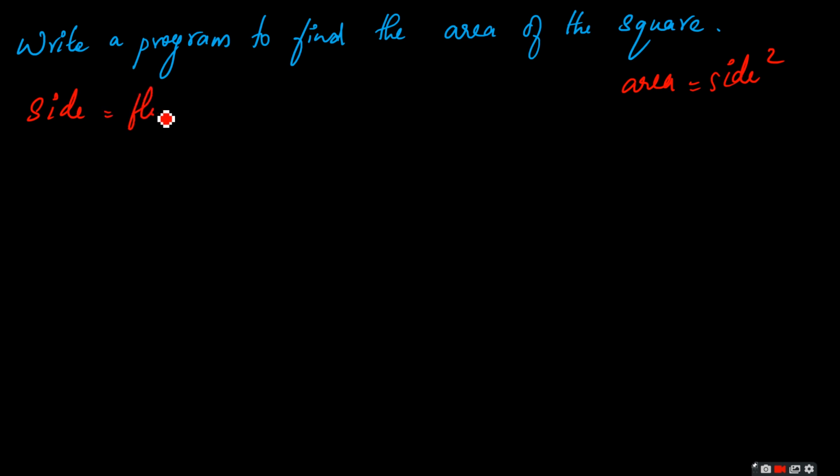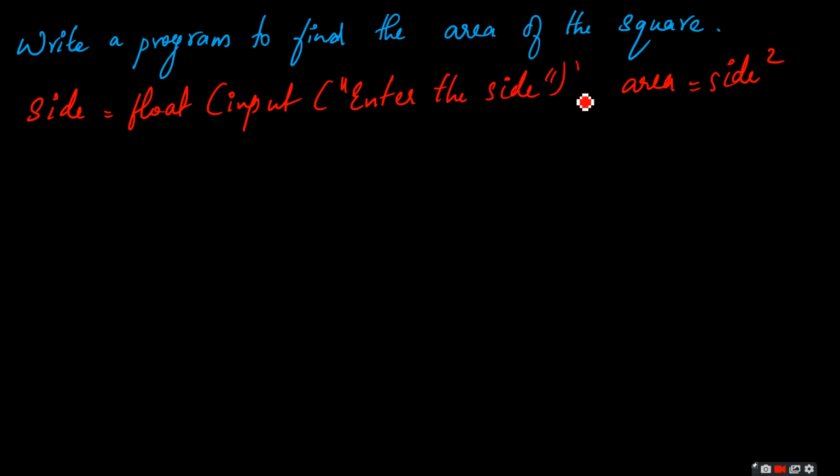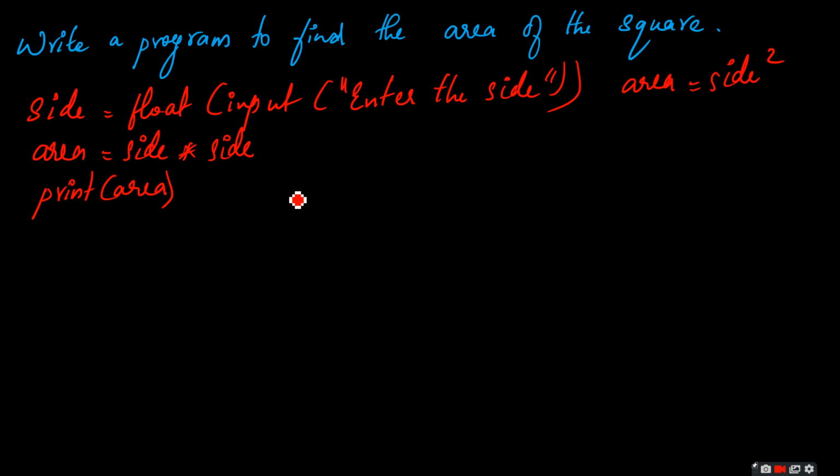Side equal to float, input, enter the side. Then we have to calculate the area. Area equal to side into side. Then we will write print area. In this way, we can write the program to find the area of a square.